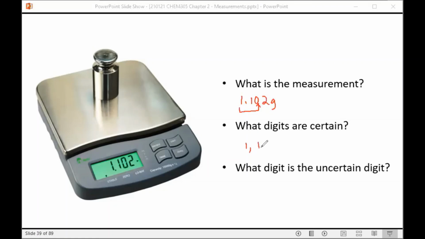So the 1, and the 0. And our uncertain digit is the 2. And so our number of sig figs is the number of certain digits, 3 certain digits, plus our 1 uncertain. So we have 4 sig figs in this measurement.